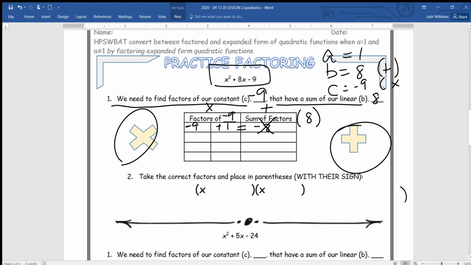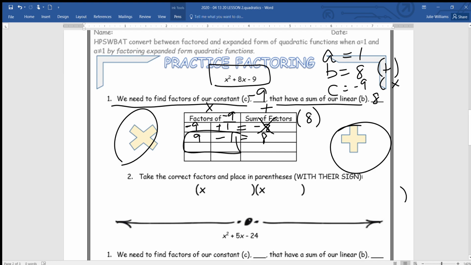We want +8. So that is the opposite of what we're looking for. So then I just need to do the opposite of the factors. So let's try 9 and -1. Okay, they certainly multiply together to equal -9, so they are factors of -9. And then when you add them, 9 and -1, you get 8. This is what I'm looking for.